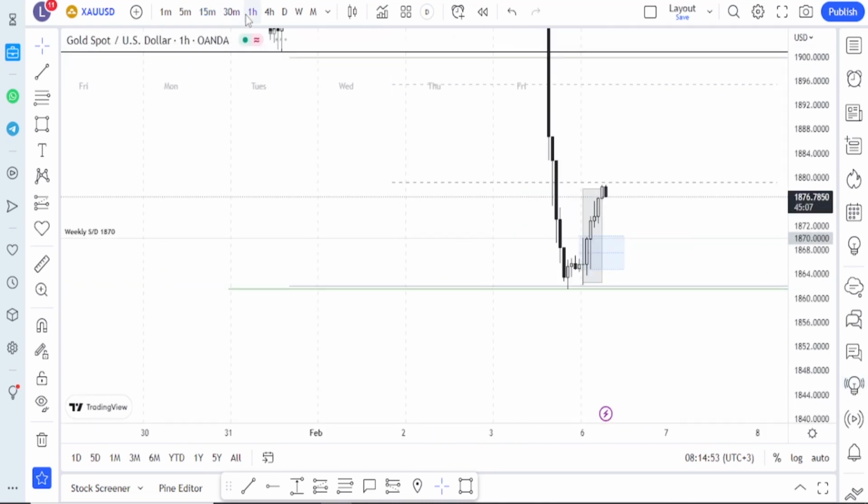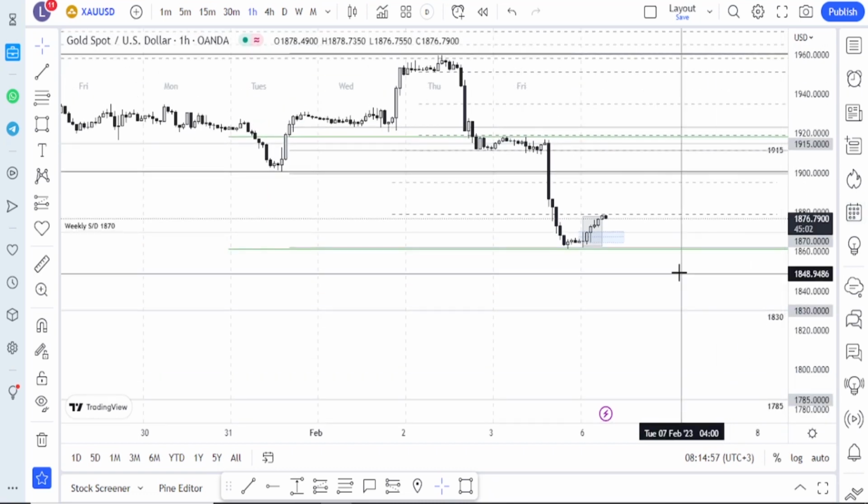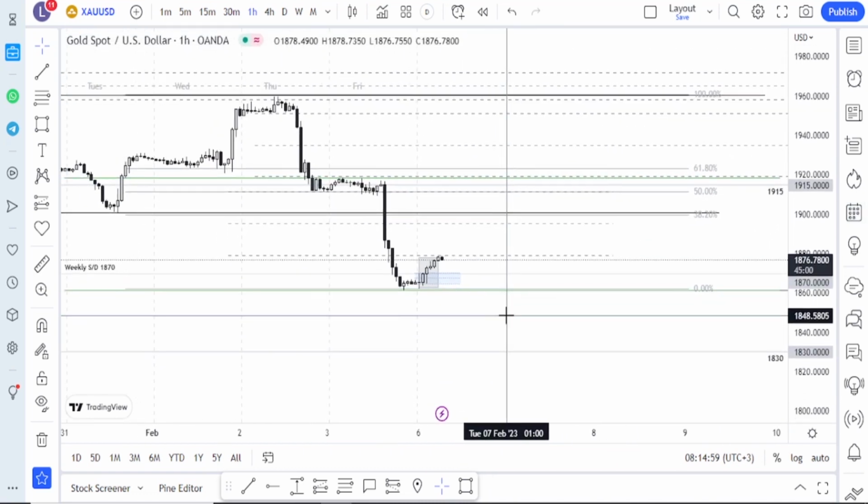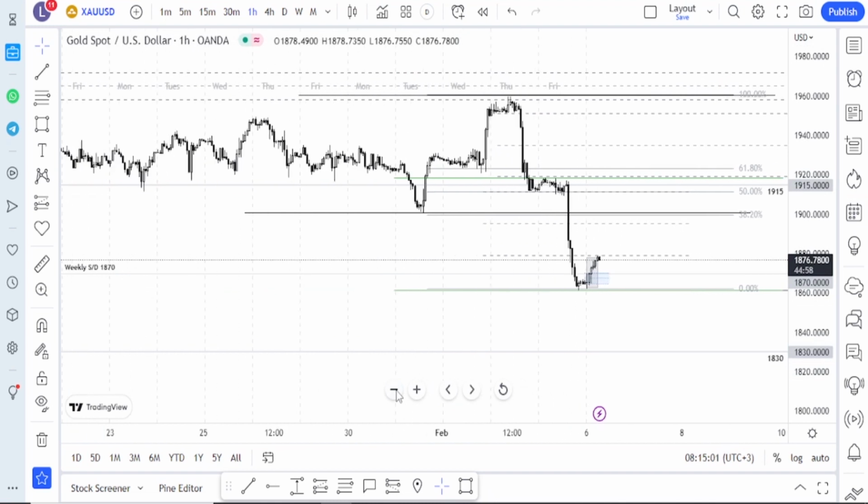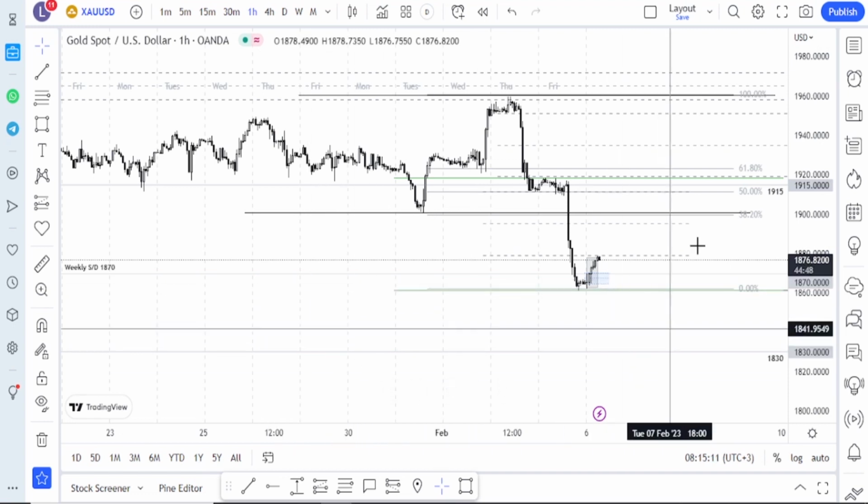But since the retracement levels I'm waiting for are higher, it only makes sense to just buy the retracement and then sell the major move to 1830 from here.